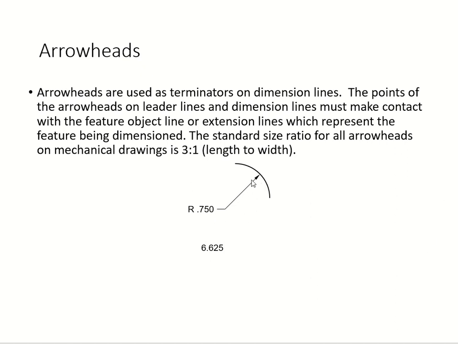You can see arrowheads in dimension lines and in leader lines. The ratio for all of the arrowheads that we use in the drawing is standardized at about 3:1. Its length is 3, and its head width is 1.